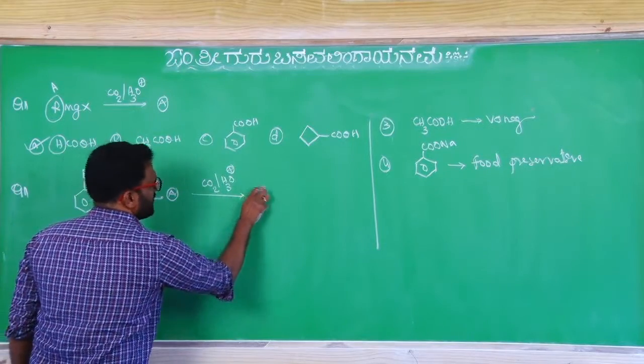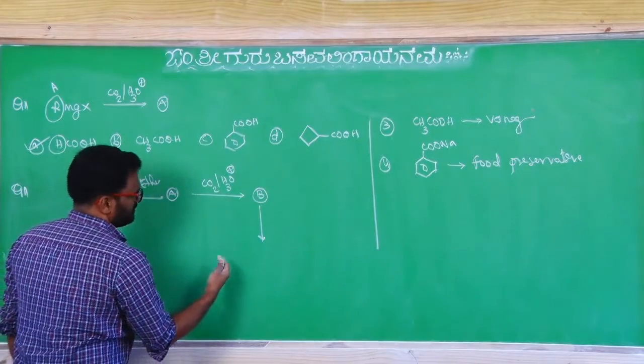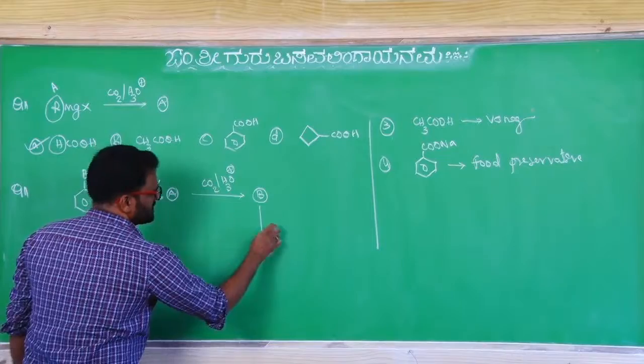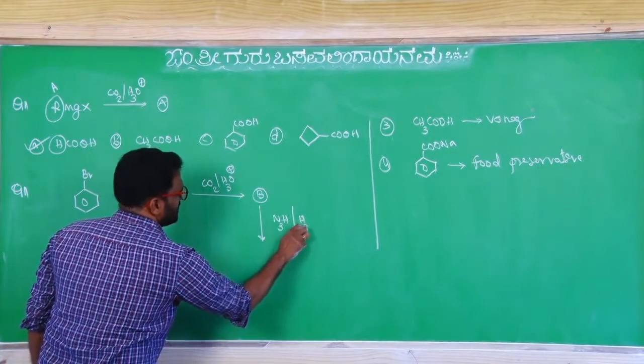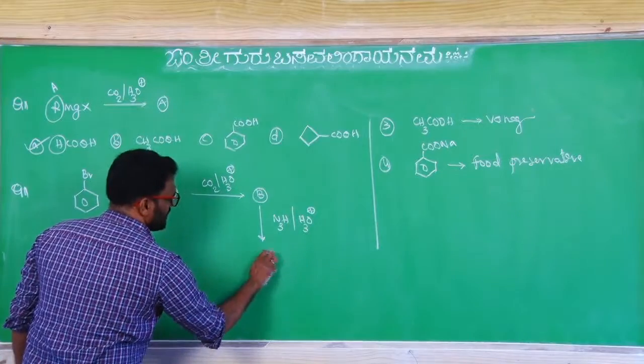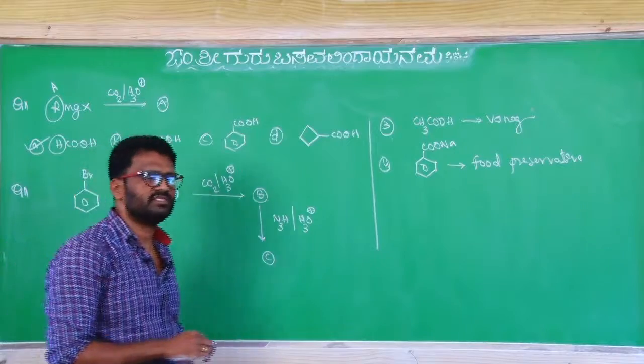You get product B. So B, on heating with NaN3 followed by acid hydrolysis, you get C. So what is C?